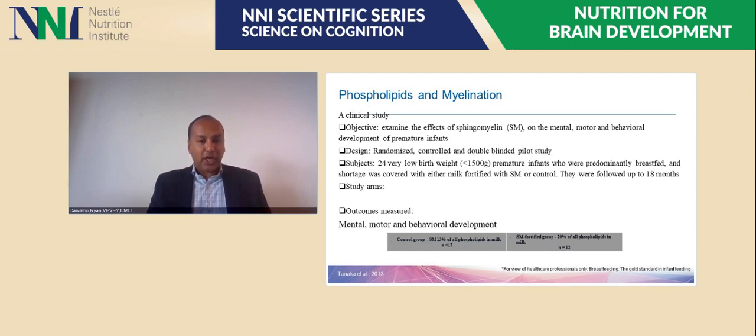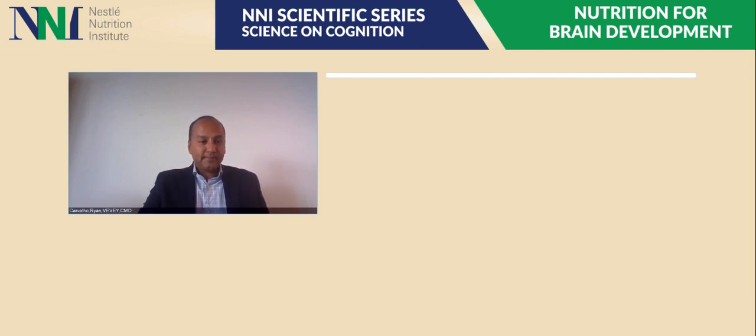What they aimed to show was that giving babies who were breastfed a supplemental nutrition with a formula that contained 20% of sphingomyelin versus a low level of sphingomyelin impacts their developmental outcomes.